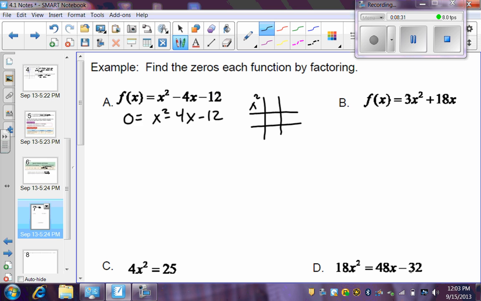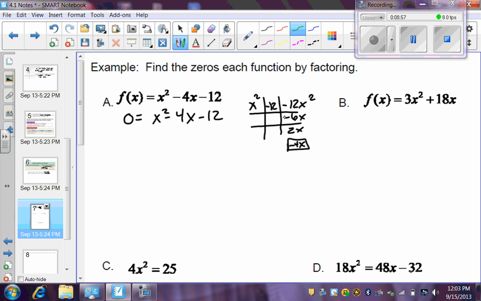X squared goes in the top box, your c value goes in the second box, multiply them, and we get negative 12x squared. The box down at the bottom by itself is the middle term, so negative 4x. Two numbers that multiply to be negative 12 and add to be negative 4 would be negative 6x and positive 2x.